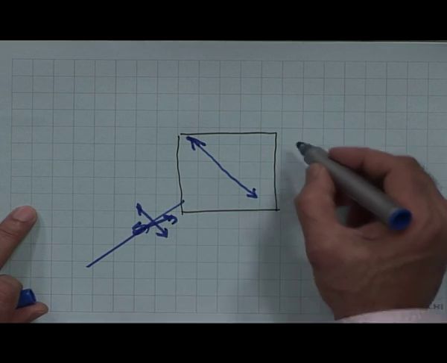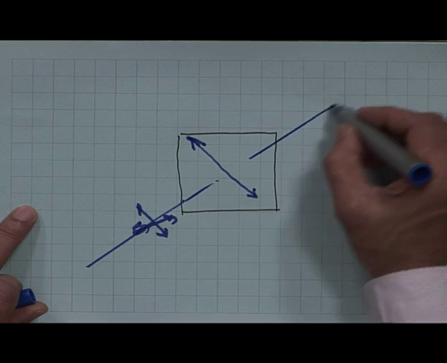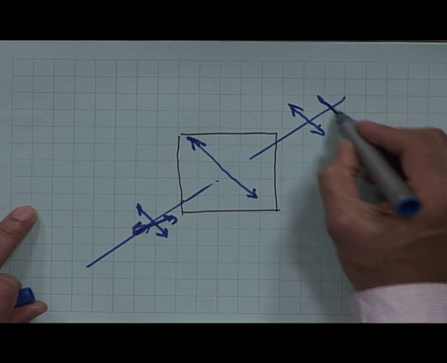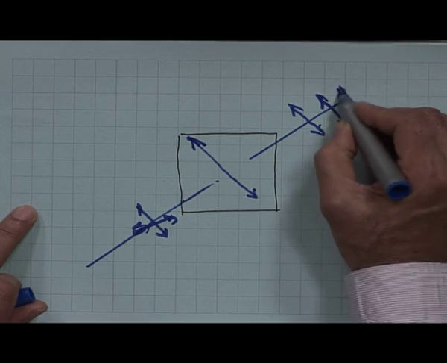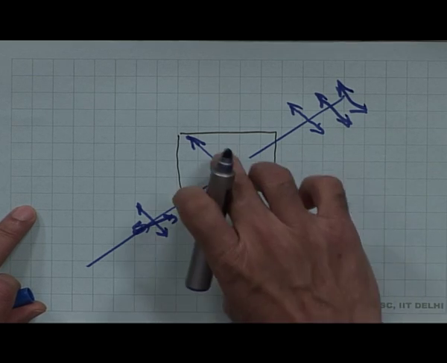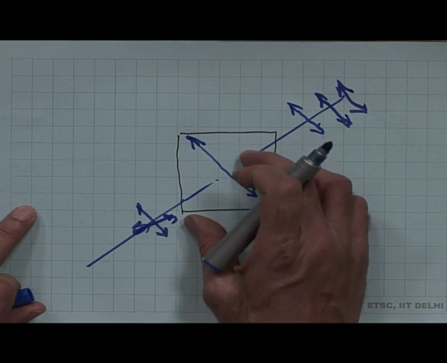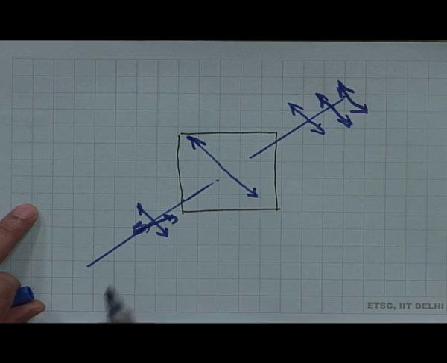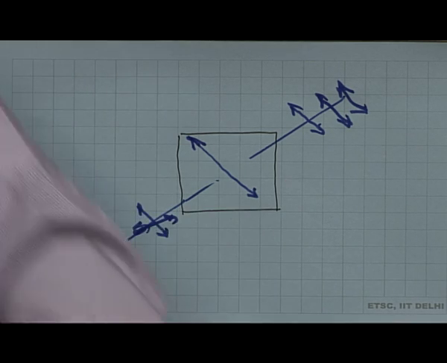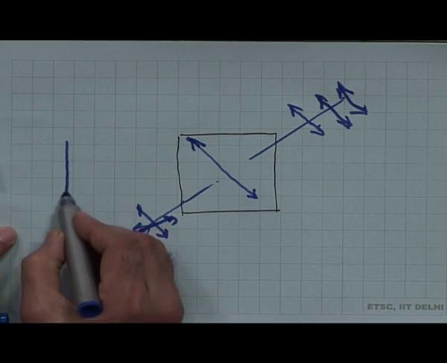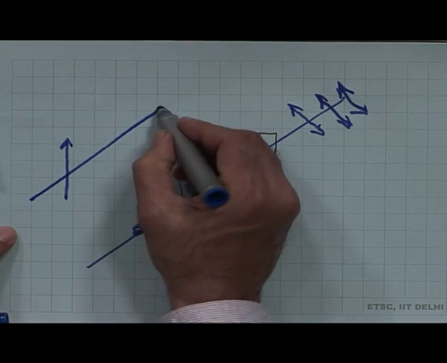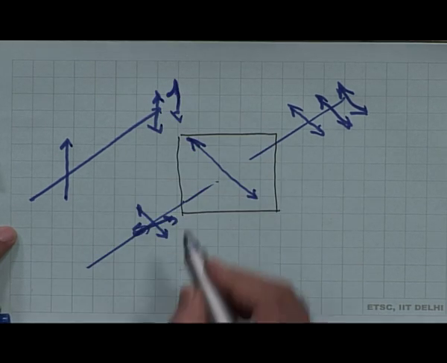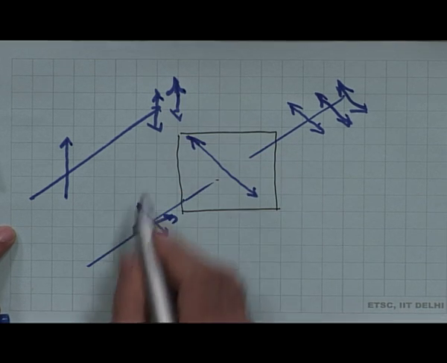The perpendicular component would be blocked and then on the other side we will have light which is polarized like this. So, if I rotate the polarizer, then the plane of polarization at the output also rotates. Earlier we had the polarizer pass axis like this, so at the output we had output polarization vertically polarized.